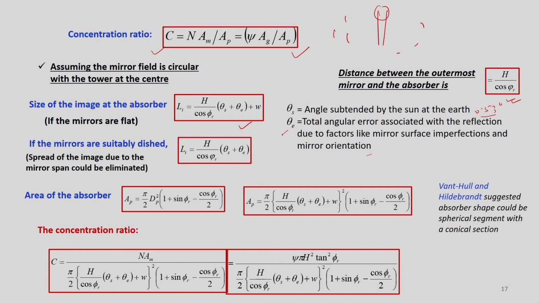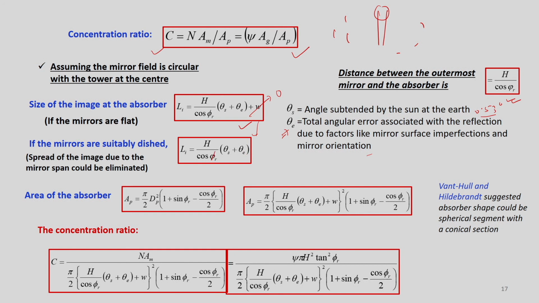So, this has to be accounted for in order to calculate the size of the image at the observer. Now, if the mirrors are suitably dished, then this W will be 0. Under that condition, the size of the image will be Li equal to h by cos of phi r times theta s plus theta e.